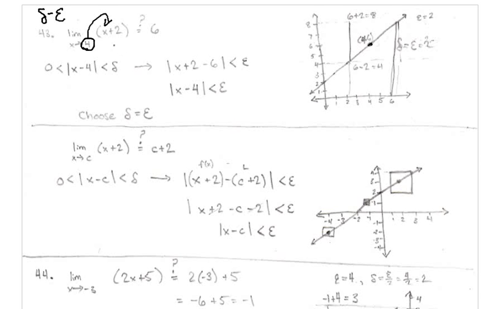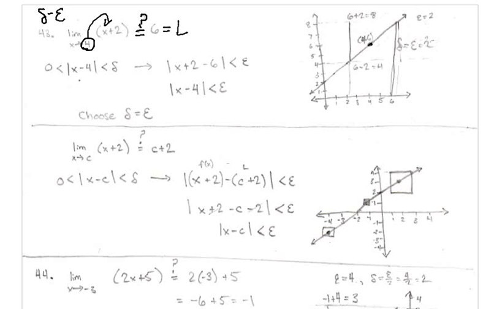So if I take 4 and add 2, I get 6, and I claim that this is my value of L. So if I don't know if something is equal or not, I'll put a little question mark above the equal sign. So I have to go through with the delta epsilon version of a limit proof to find that this is indeed the limit that I am looking for.